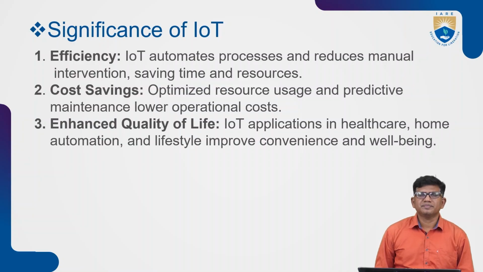Significance of IoT. The first one is efficiency. So here IoT automates the process and reduces the manual intervention, saving time and resources. That will increase the efficiency by using the IoT system. In order to book tickets, earlier we had to stand in a queue at the bank and at movie theaters, and we had to travel and spend time on those things.